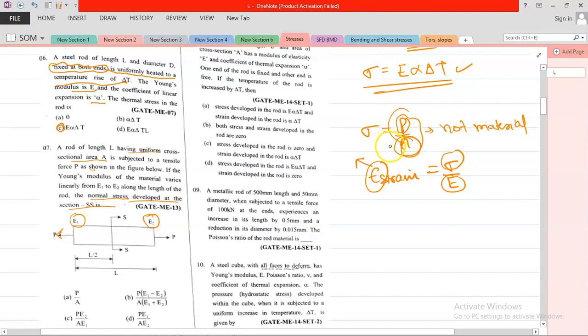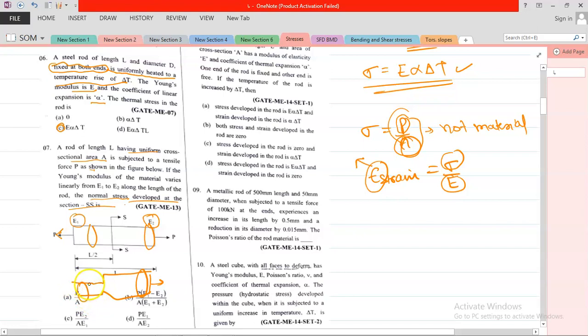So it is P by A only, because here the area of cross section is A, and here also A. If this is changed, suppose this is your bar, then it will be a different value. Here the area of cross section is A, and here suppose it is A by 2.